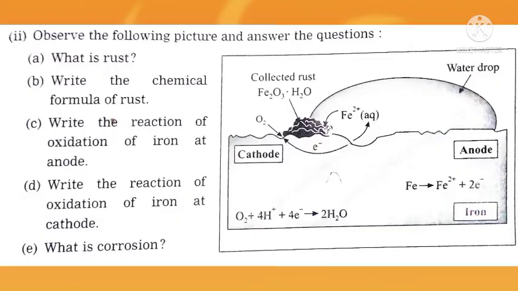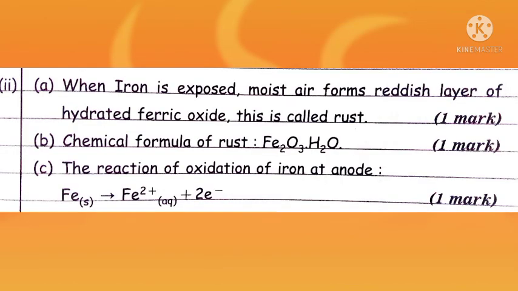Question C. Write the reaction of oxidation of iron at anode. Answer: the reaction of oxidation of iron at anode: Fe(s) → Fe²⁺(aq) + 2e⁻.